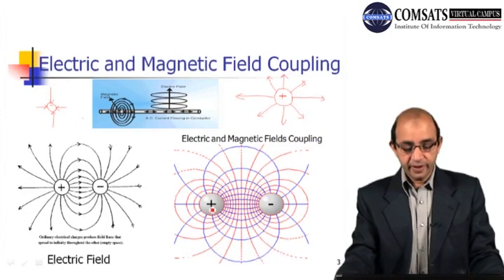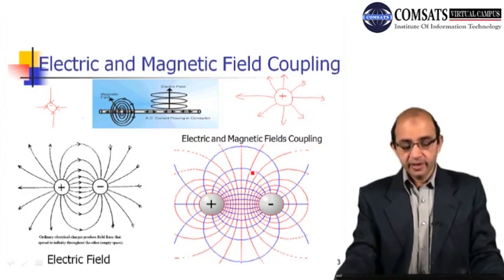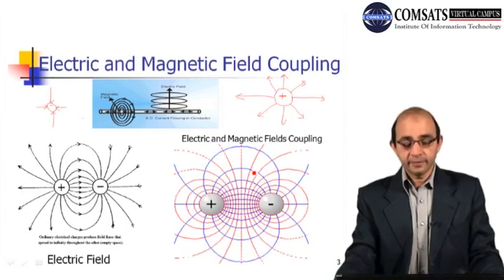And here we have another scenario where you can see the coupling of electric and magnetic field. At each point of intersection, you can see that the electric and magnetic field are perpendicular to each other, or you can say they are making an angle of 90 degrees with each other.